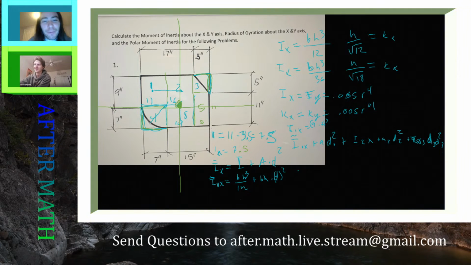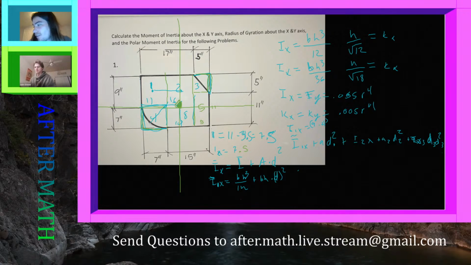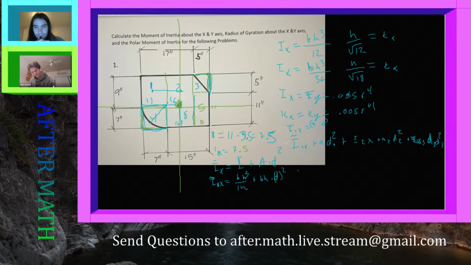Well, let's just see if we can figure out the radius of gyration part here. See what that means. In my book, what is that that gives us our radius of gyration? Here we go, I'm gonna Google.